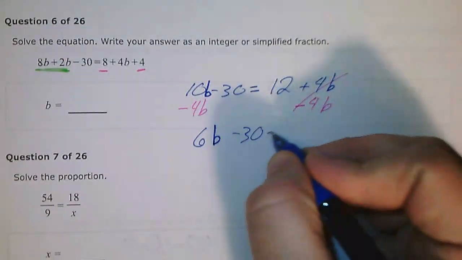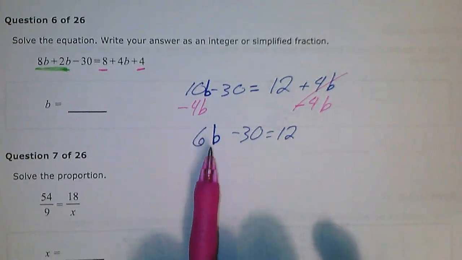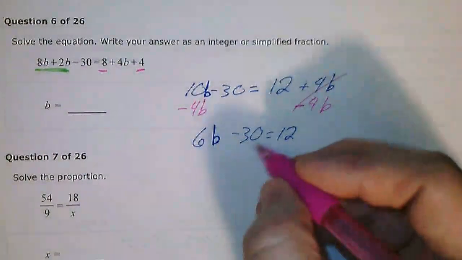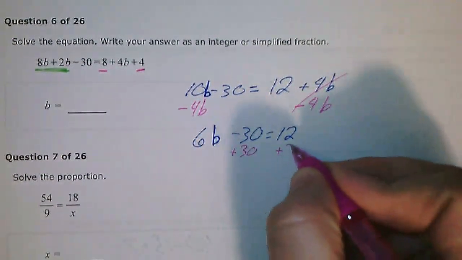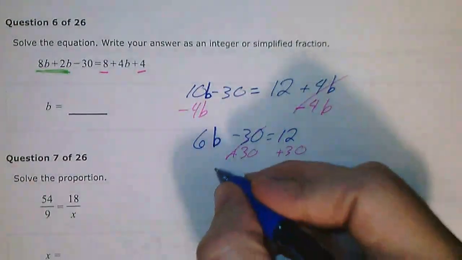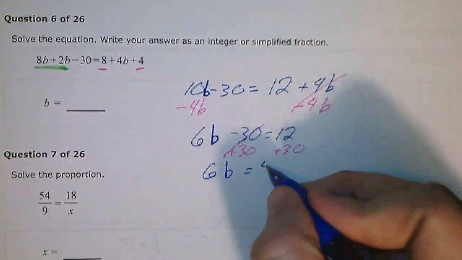Bring in the minus 30 equals 12. So I've got all of the variables on one side, 6b. To get rid of a minus 30, we add 30. That cancels out. Now we have 6b equals 42.